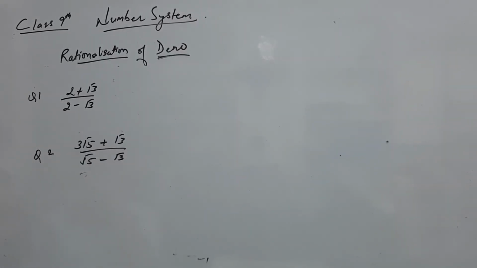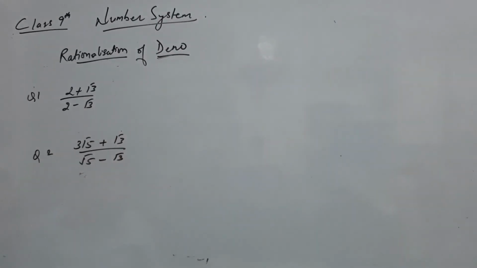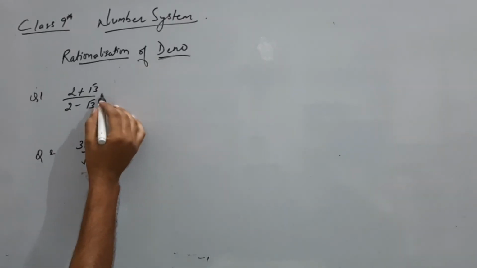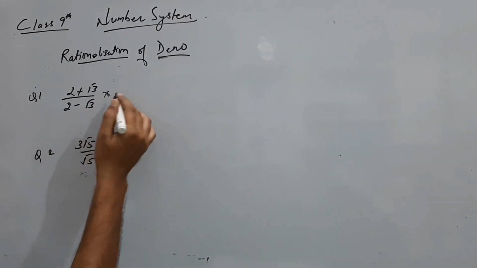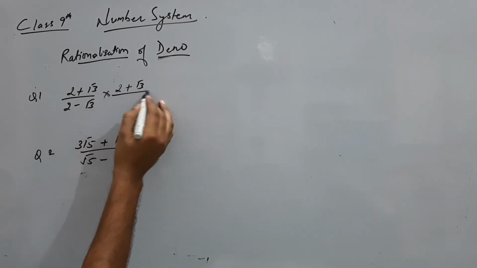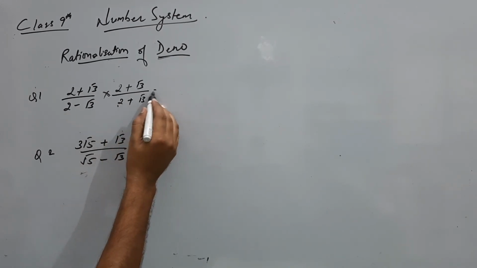So those who haven't understood, just look carefully at what I did here. We have to rationalize the denominator, and whenever we have to rationalize the denominator, what do we have to do? Multiply the denominator conjugatively. So 2 minus root 3 will become plus, multiplying by 2 plus root 3 upon 2 plus root 3.